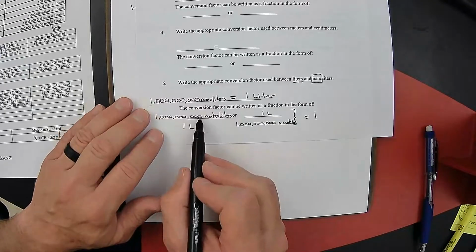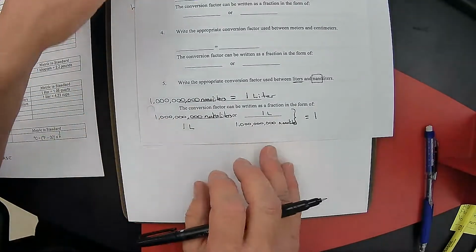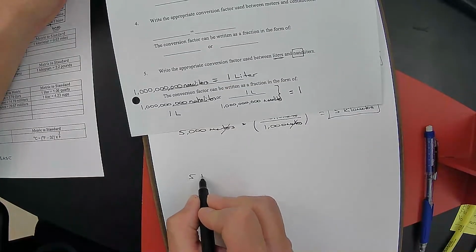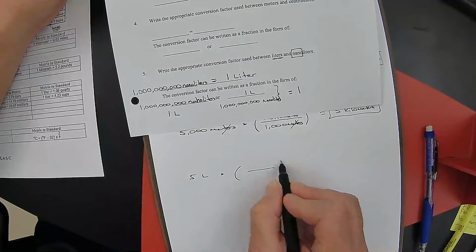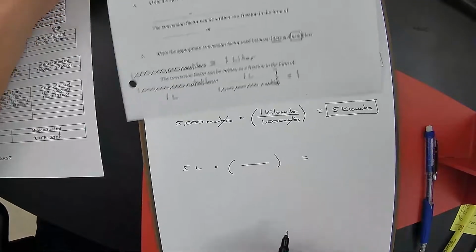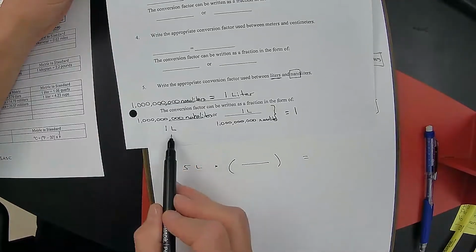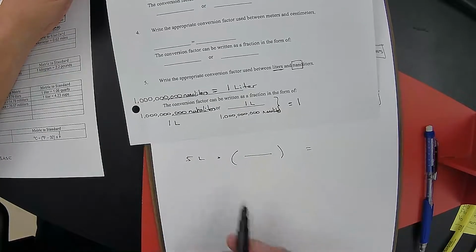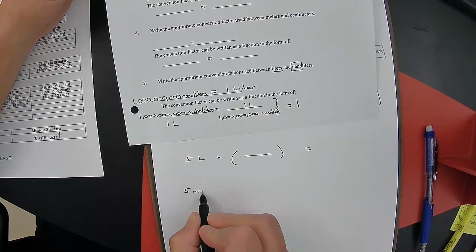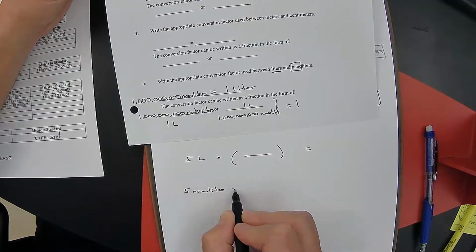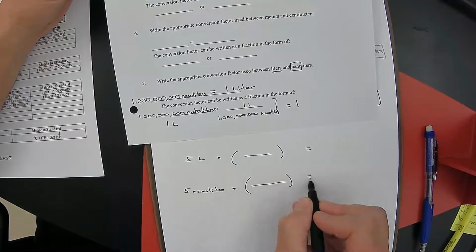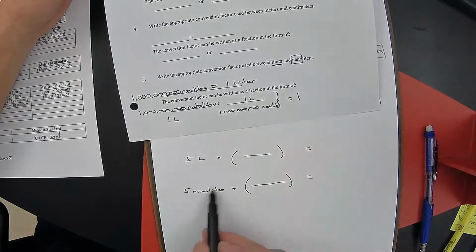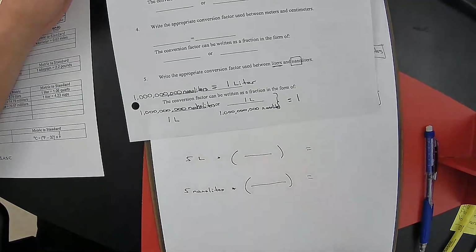How would I know which fraction to use for the conversion? Well, it would depend. Let's say that I started with 5 liters and I'm trying to convert to nanoliters. In this case, I would use the first one to put the liters on the bottom to cross out and the nanoliters on the top. But if they gave me 5 nanoliters as my given, then I would use the second one and put the billion nanoliters on the bottom to cross out nanoliters and the 1 liter on the top.